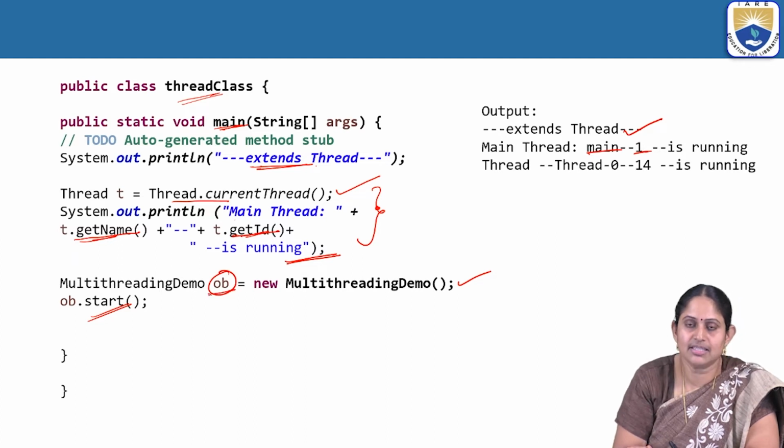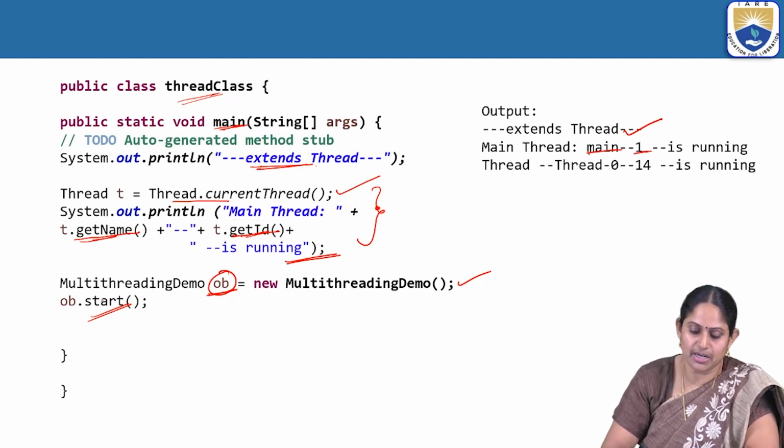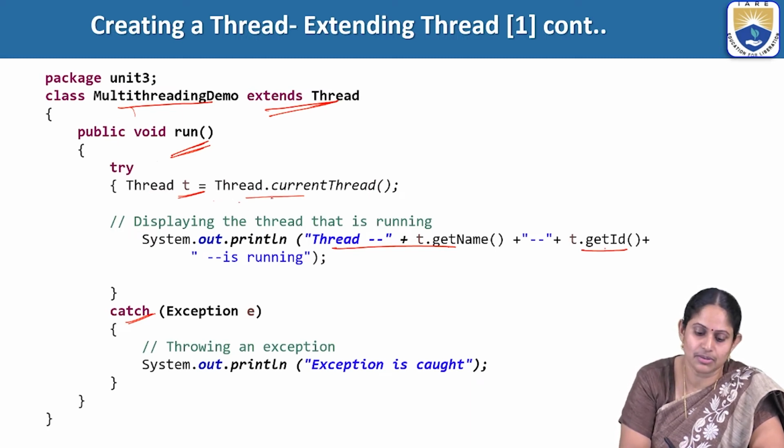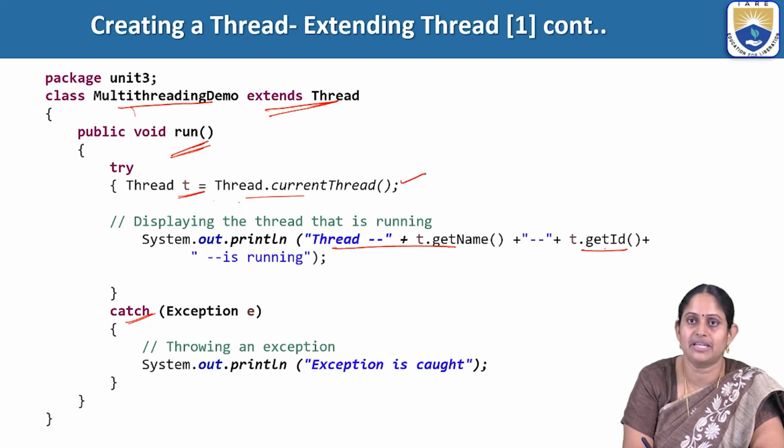Now we created the child thread, and once we called start, it will start executing the run part of it. Inside run, we had retrieved the instance of the child class. So here it is the child thread which is executing.